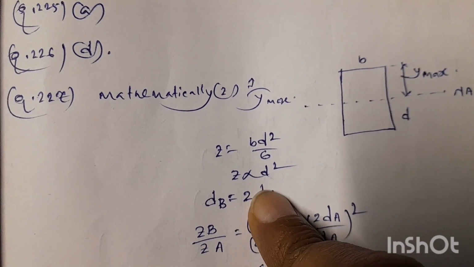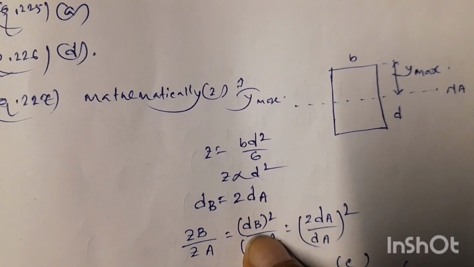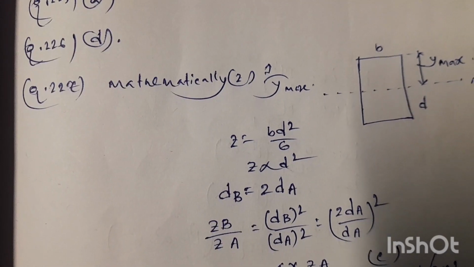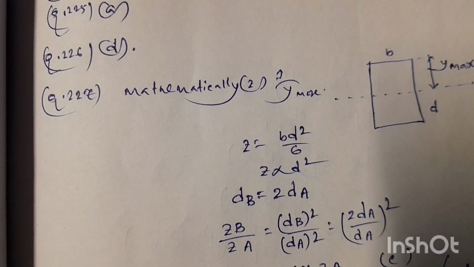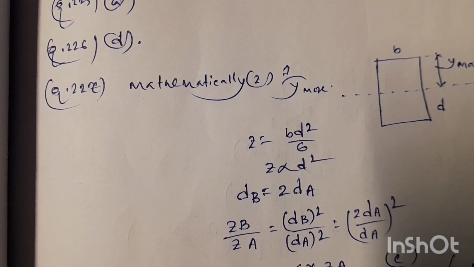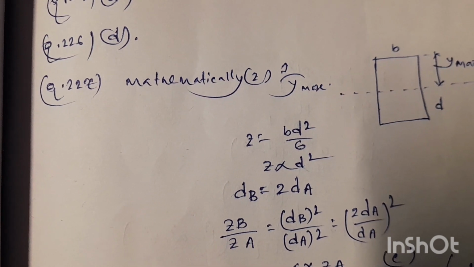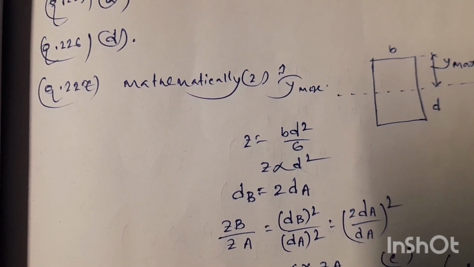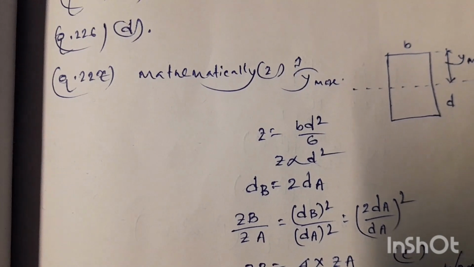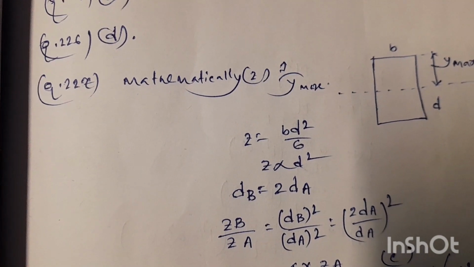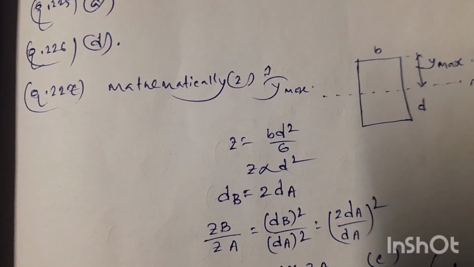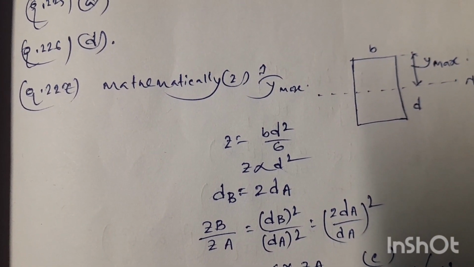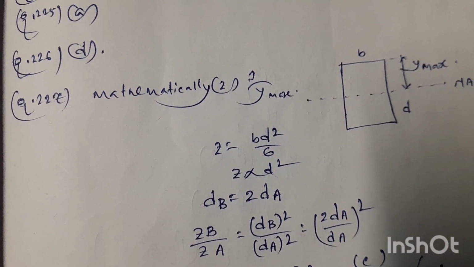We can also write Z varies as small d square. So section modulus will vary with the square of the depth of the beam. We know the depth of beam B will be double of A. So capital D B will be equal to 2 into small d capital A.